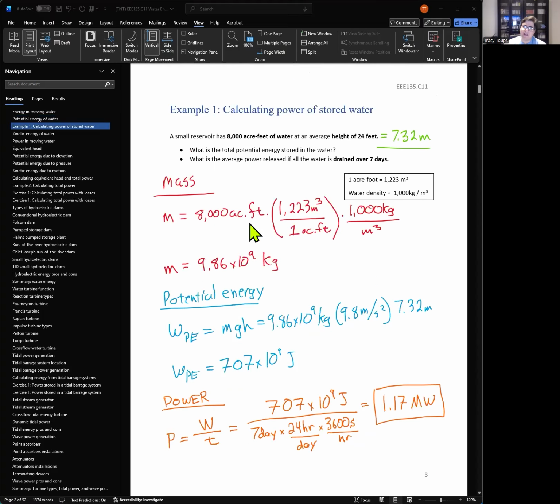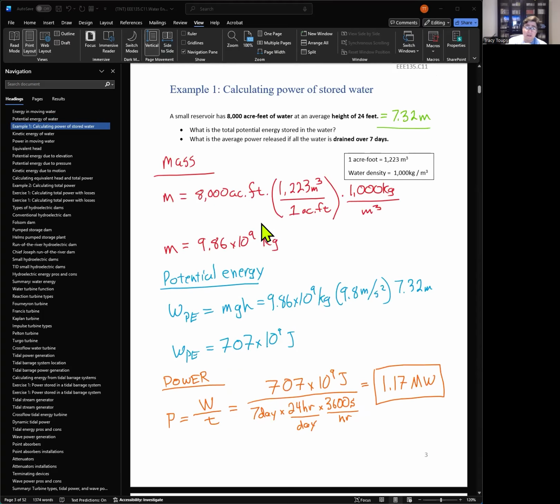So quick example to show you the number crunching. You have a small reservoir of 8,000 acre-feet of water. Now remember, an acre-foot of water is a very big amount of water. It's roughly 1,223 meters cubed of water. Now this 8,000 acre-feet of water is at an average height of 24 feet above us. So it's on average 24 feet higher than us, which you turn into SI units is about 7.32 meters.